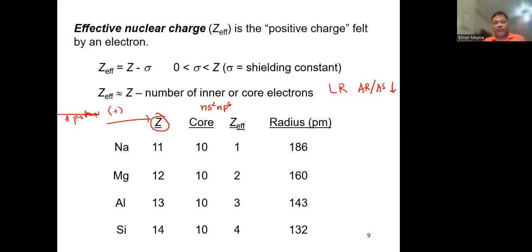So what does it mean? More positive, more negative. As the positive sign increases and the negative sign also increases, they become closer to one another. And when they become closer to one another, what happens to the size? It shrinks. They become smaller.